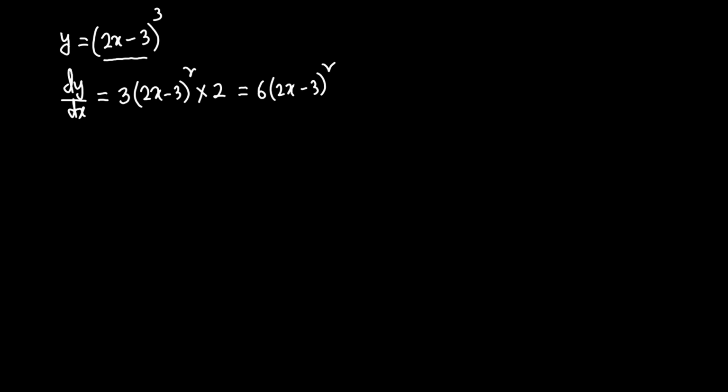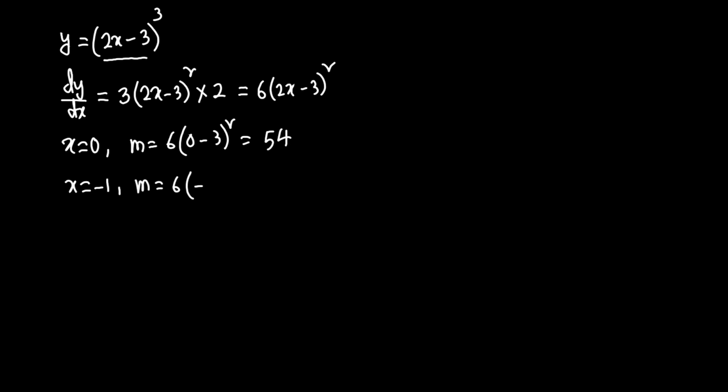So let us consider when x equals 0. At the point x equals 0, our gradient is 6 into (0 minus 3) whole square, which gives us 9 into 6, which is 54. Then next, if we consider x equals minus 1, then the gradient is 6 into (minus 2 minus 3) whole square, so it gives us 25 into 6, which is 150.